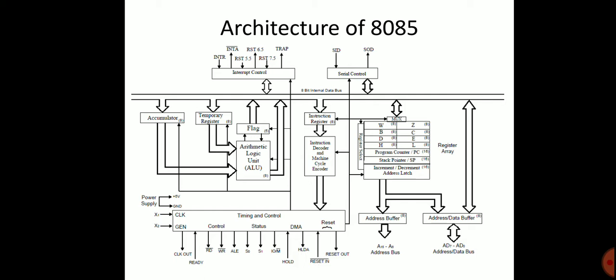The general purpose registers are much faster than memory. It has 5 interrupt signals and serial input output control signals, and the 8085 also has the ability to share the system buses and direct memory access control.